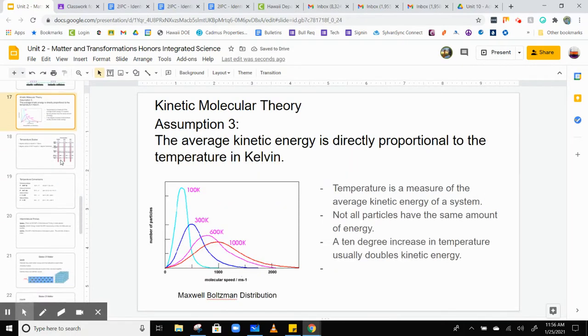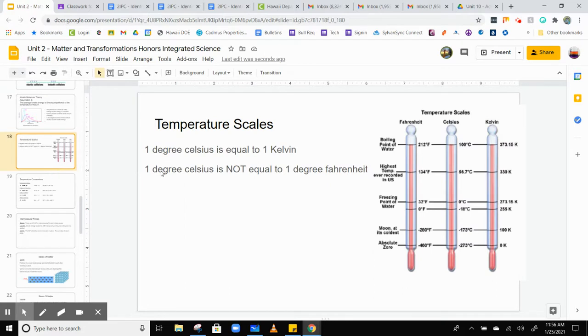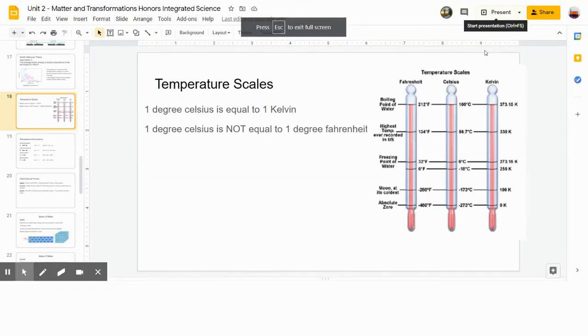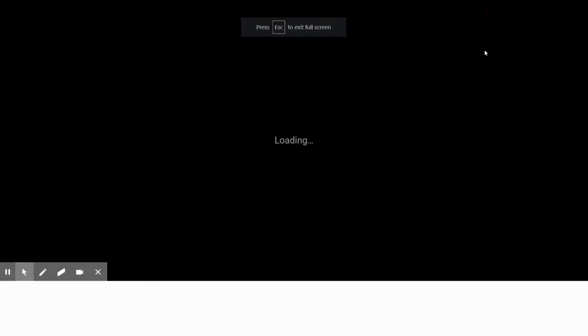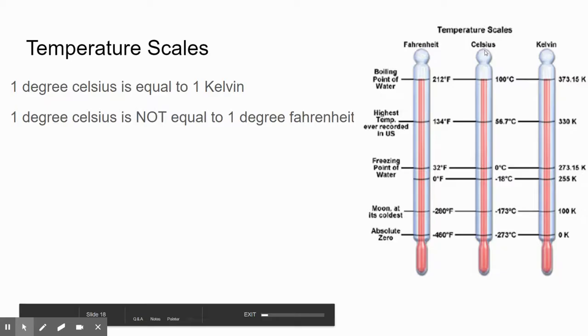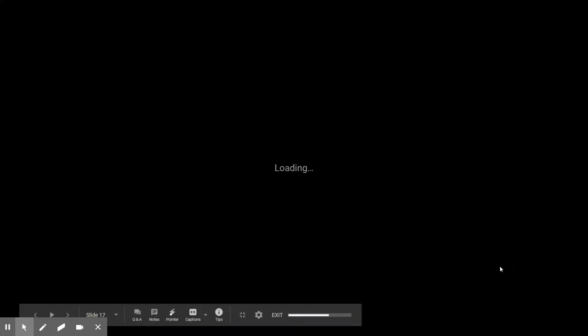Okay. And then we also looked at the temperature scales, the 3 temperature scales that we need to be familiar with. The first one, Fahrenheit, most people are familiar with that one. That's the one we kind of use in everyday life, right? That's the one we tell temperature with pretty much always in the United States, at least. And then there's Celsius. Celsius is the one that most of the time you're going to use in Europe, or in science we use Celsius a lot. And then finally, Kelvin. Kelvin is a new one you may not have heard of, but Kelvin is important because we set absolute zero at 0 Kelvin.